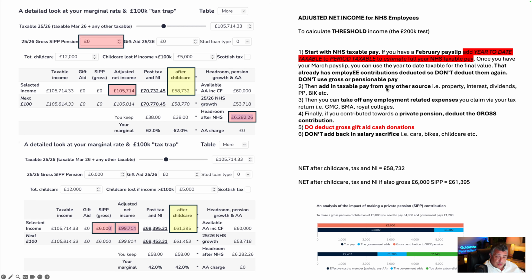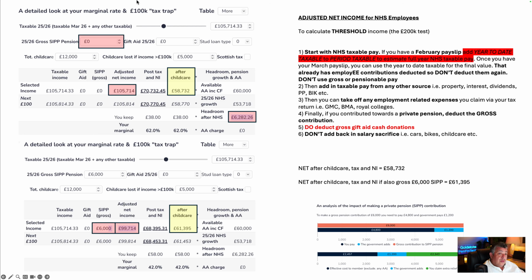Add in taxable pay from any other source, take off employment-related expenses. If you contributed towards a SIP, then you can deduct that amount there. But unlike the taper calculation, the threshold income calculation, we do deduct gross gift aid donations.